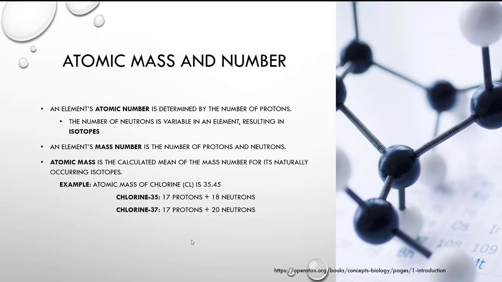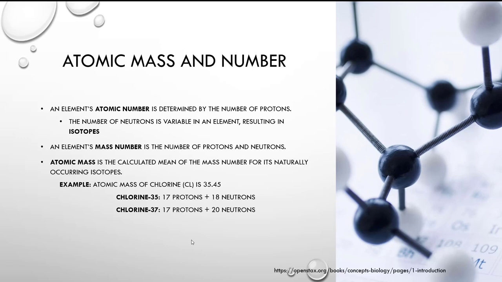Now, if I look in the periodic table, instead of a mass number, you might see an atomic mass. Instead of a whole number, it's usually a number with a decimal point, to the hundredths or so. That's called the atomic mass. The atomic mass is an average.